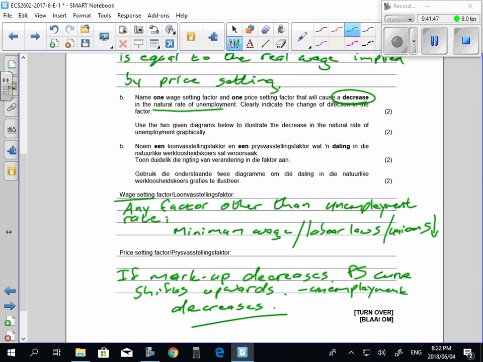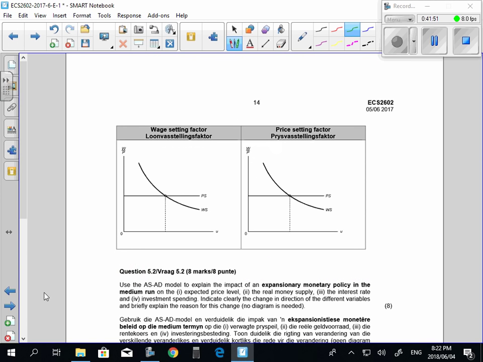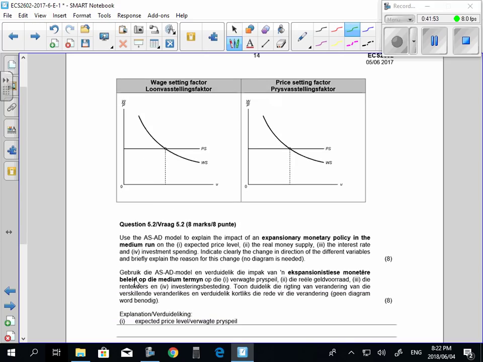So if we had to show those on the graph, it would be a shift to the left of the wage setting curve, and a decrease in the markup.